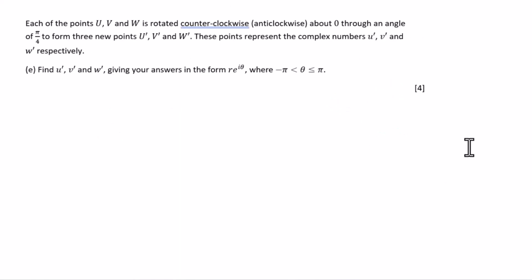Let's go to E. Each of the points U, V, and W is rotated counterclockwise about 0 through an angle of pi over 4 to form the 3 new points U prime, V prime, and W prime.